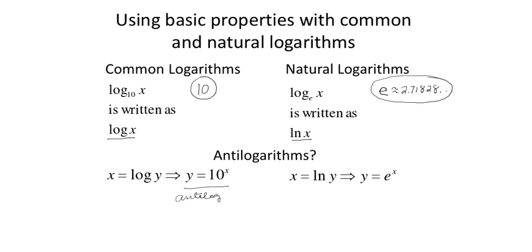And of course, if x equals ln y, then y equals e to the x is the natural antilogarithm. So when we say antilog, we just mean the exponent, 10 to the x. Okay, some examples to come.